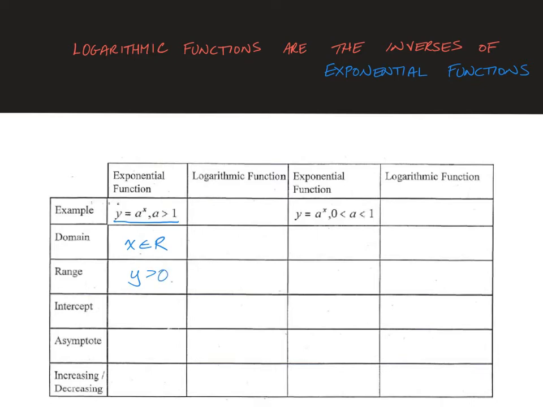When I sub in 0 for x, I know that my exponential functions always have a y-intercept of 1. I know that every exponential has a horizontal asymptote at y equals 0. And if my base is greater than 1, then I know that I have an increasing curve. So hopefully that just confirms everything that we jotted down.